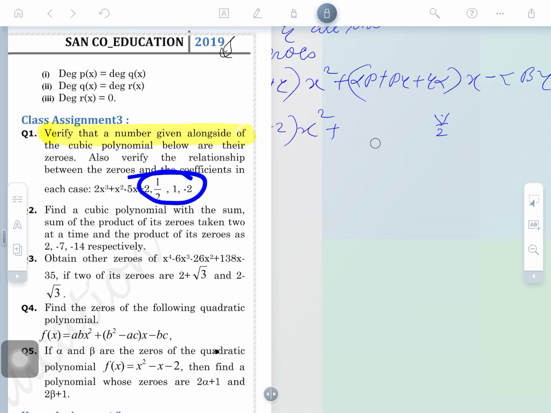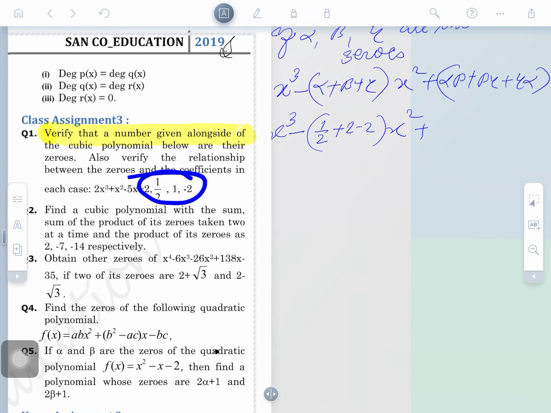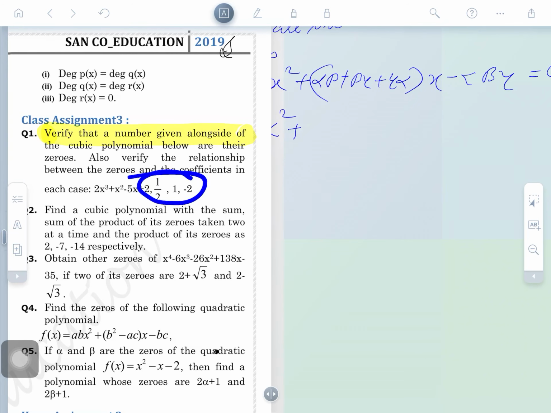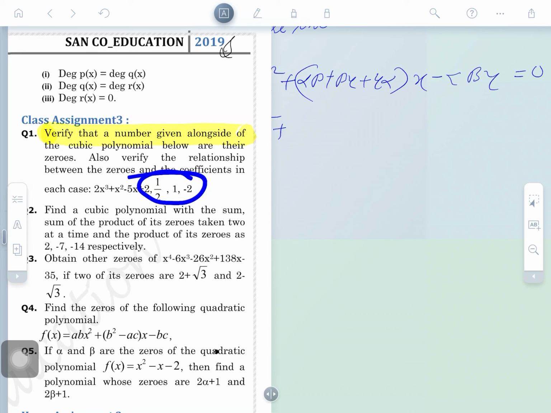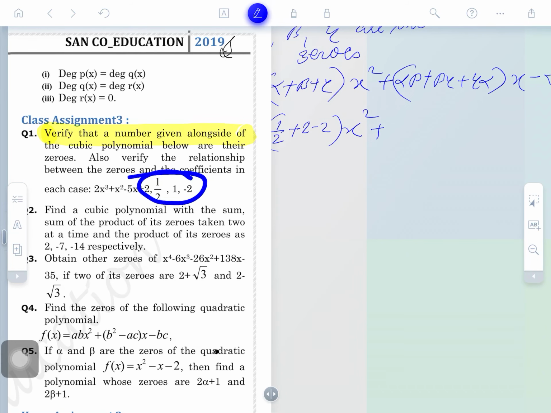what is next? Here 1 plus 1 by 2, next is what? Alpha beta, beta gamma, 1 into minus 2, x is also there. So we have to find the sum of products. How is the sum of products to be written?